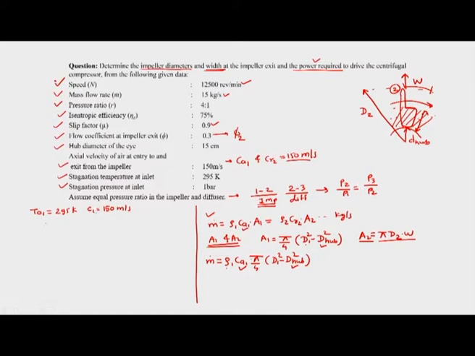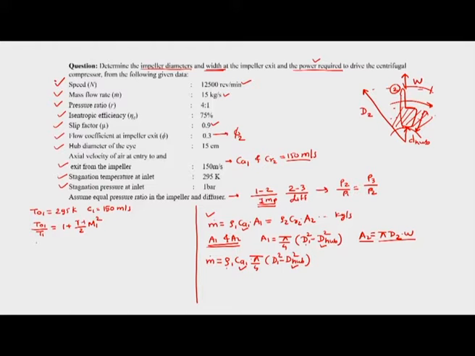Now we know the formula T01 upon T1 is equal to 1 plus (gamma minus 1) by 2 M square. For that, we need to know the Mach number, but we can break this formula down and use M as C_A upon square root of gamma R T, where T1 would be found out.